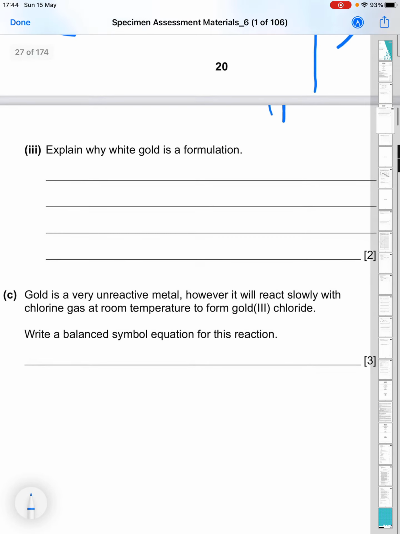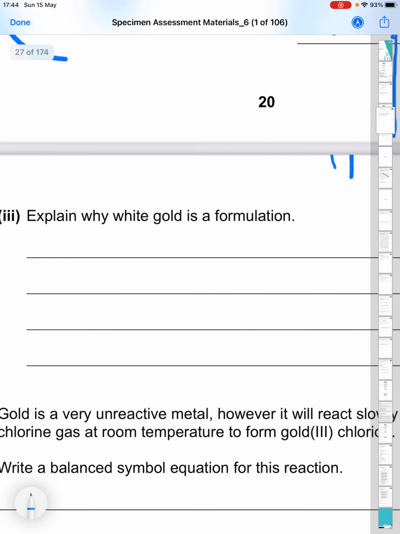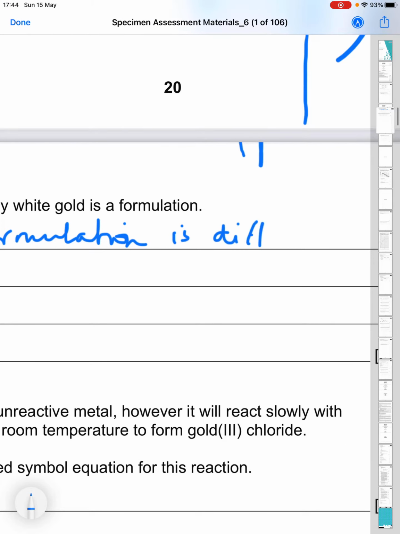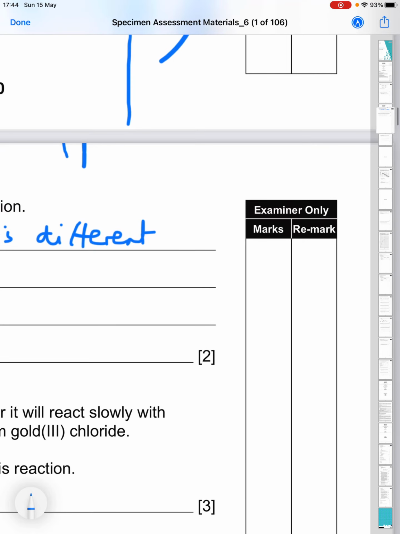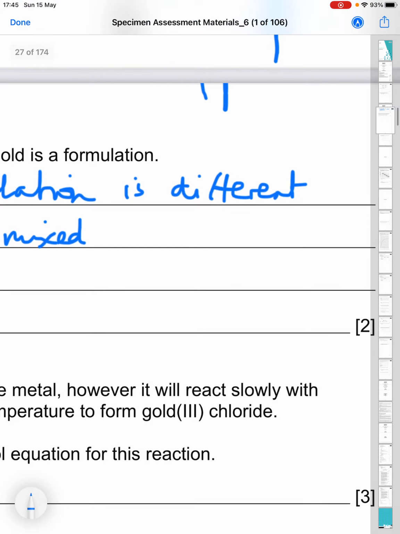So explain why white gold is a formulation. So formulations are on the specification, and what you need to say there is that a formulation is a mixture, but it's different substances mixed. The thing about a formulation is that it's in measured quantities.